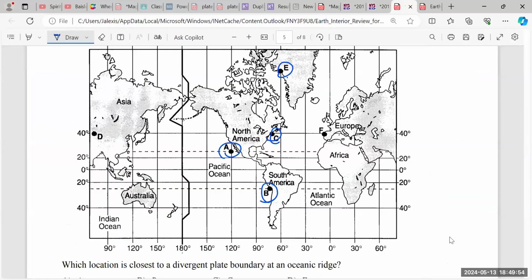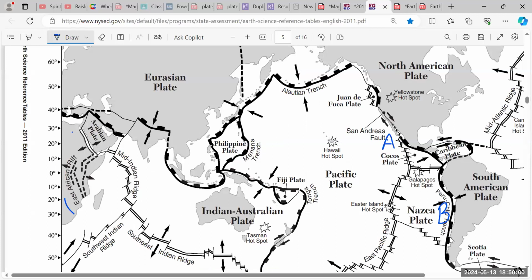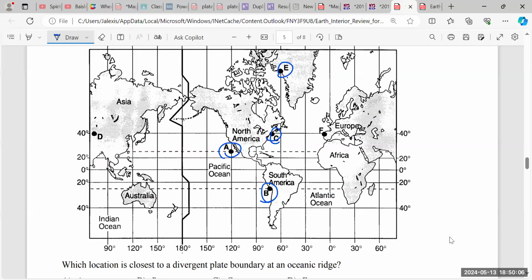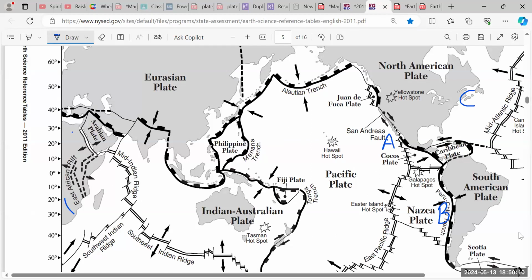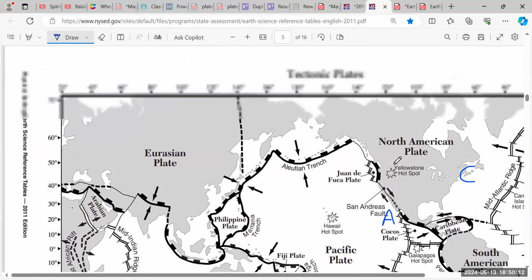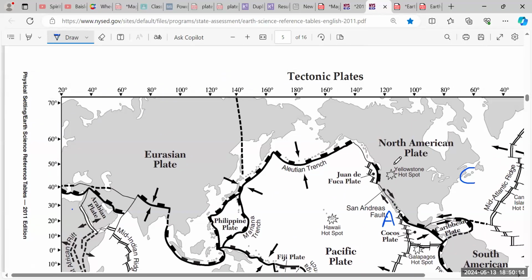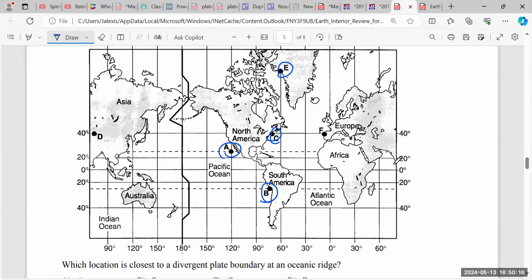C is located on the northeastern coast of North America, so C looks like it would be somewhere around here. And then E is located way up north, where this part of Greenland, I believe. So way up north for E.